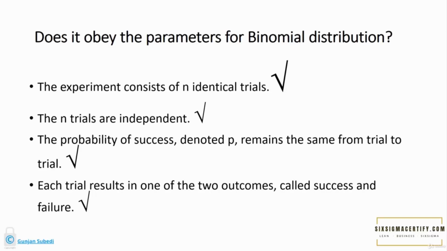Here, the time taken by one flight in landing is not affected by the time taken by another flight in landing. One thing to understand is that binomial distribution is also called a discrete distribution. It is not continuous as in the case of a normal distribution.